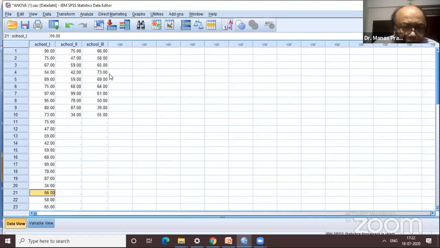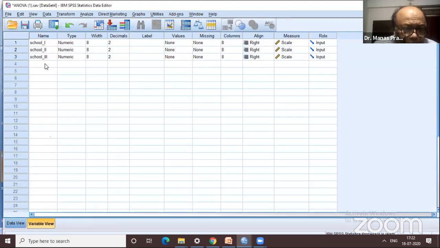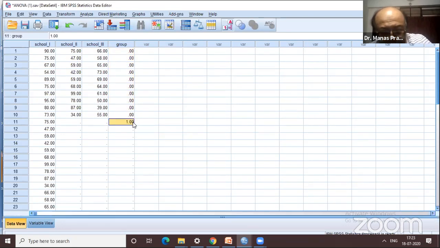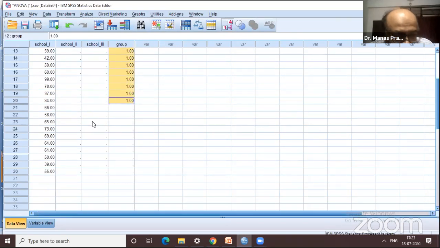Now we need a grouping variable, suppose Group, just like the independent sample t-test. For the first school I put zero, meaning the students of that first school. For the second school I put one. For the third school I put two.